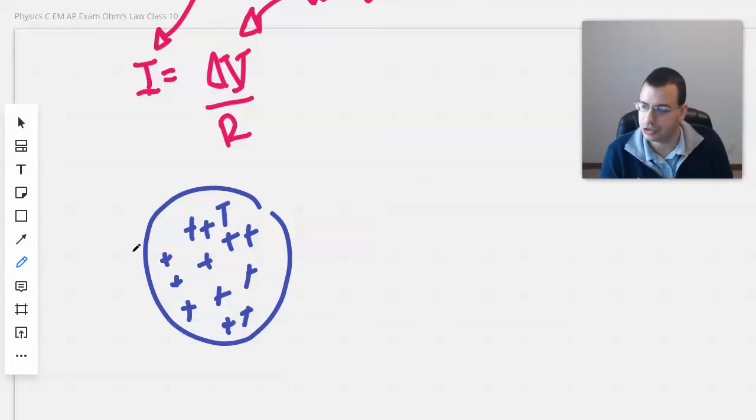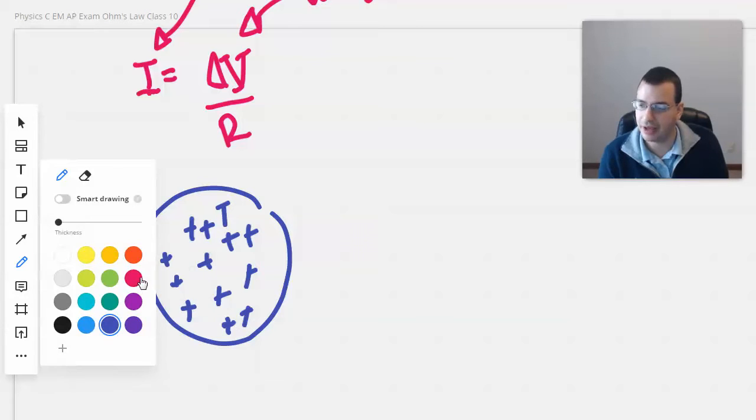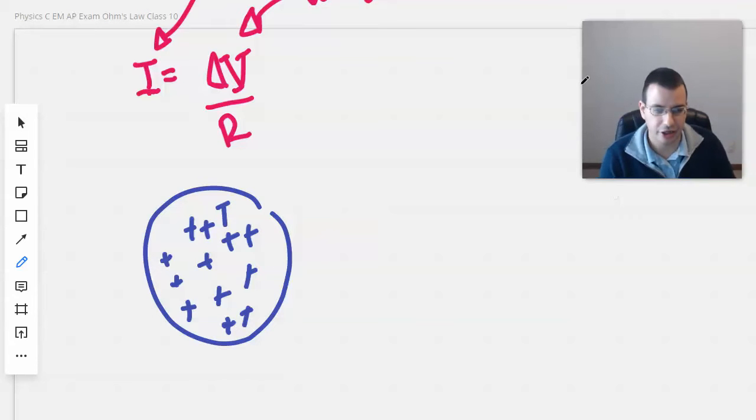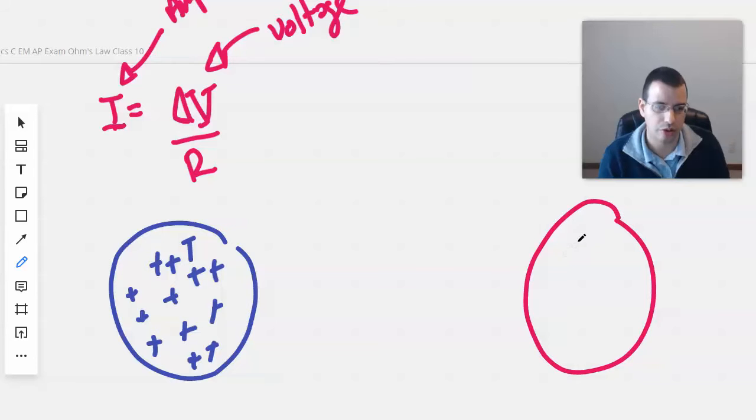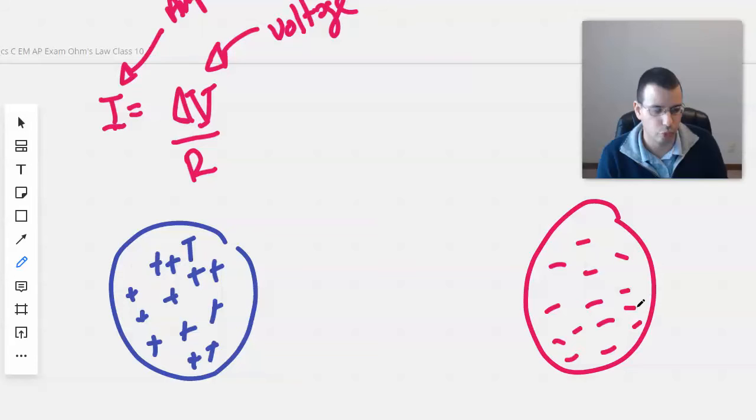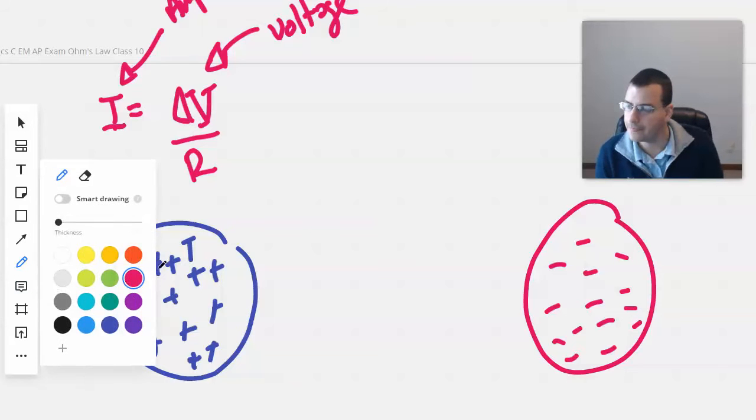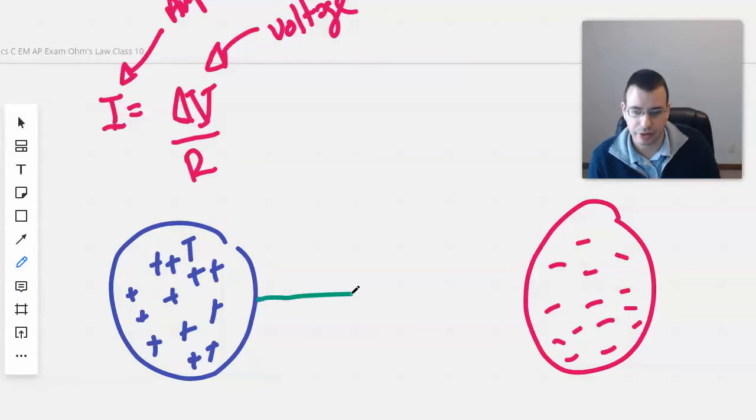This is just a picture, and we have a mass of negative charges. One more. And then we connect the two by a wire.